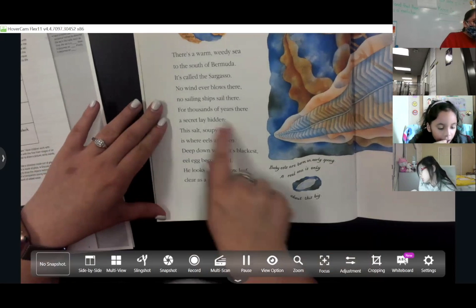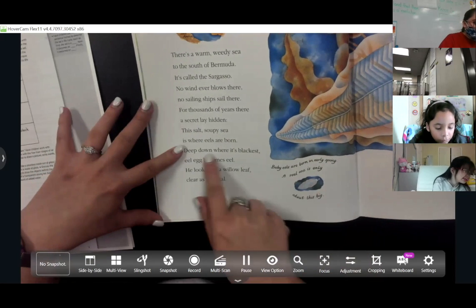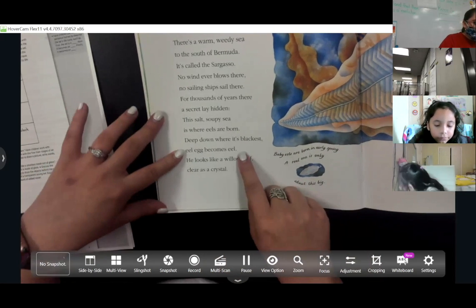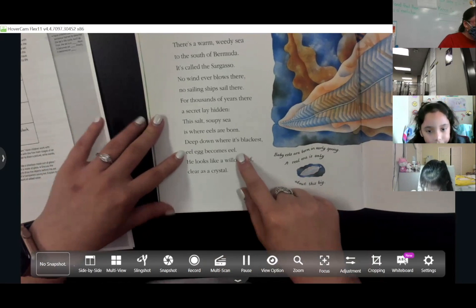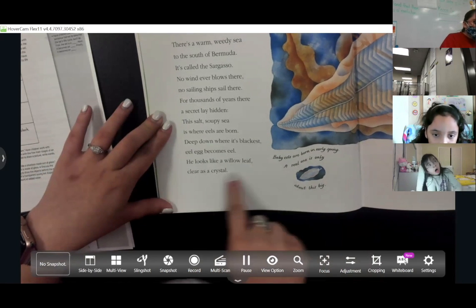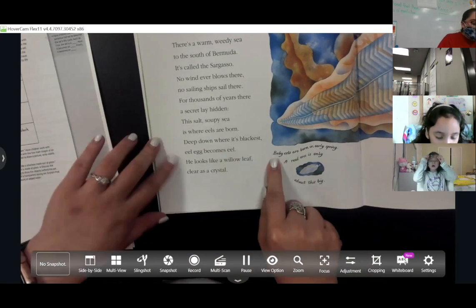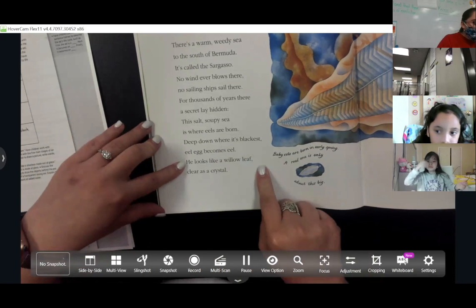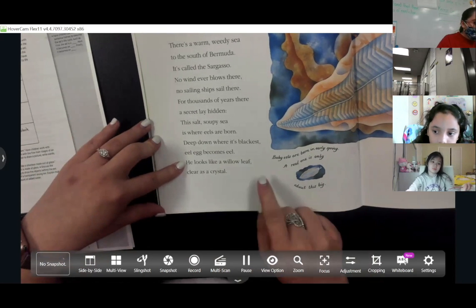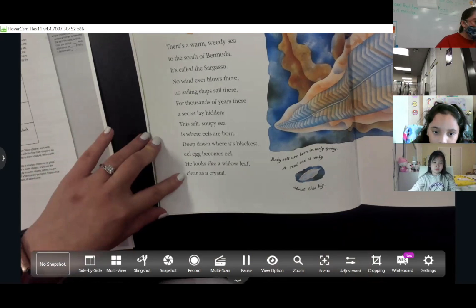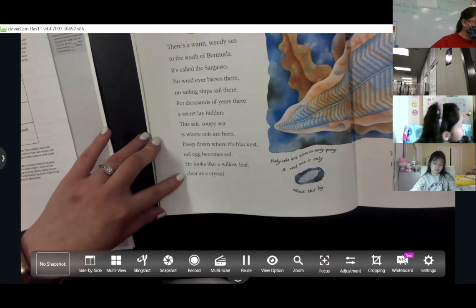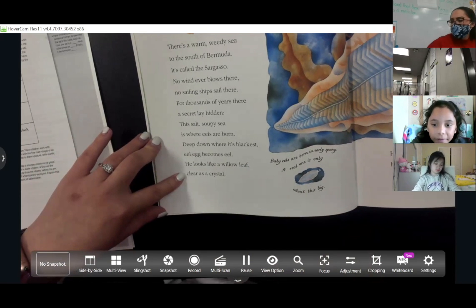Okay, so right here is saying where it's born. It says deep down where it's blackest, the eel egg becomes an eel. Right here, it describes this eel egg. Let's read this. He looks like a willow leaf, clear as a crystal. That sounds pretty descriptive to me.